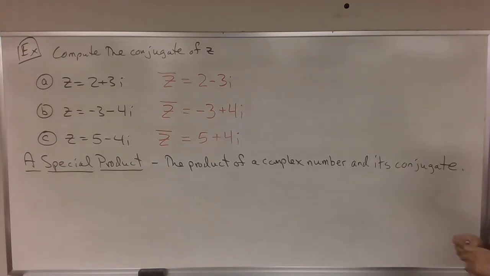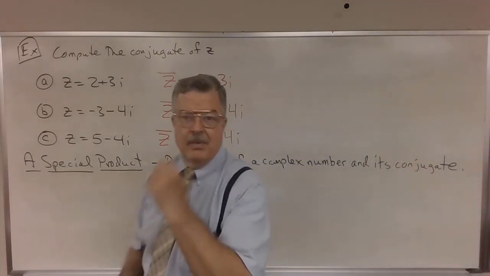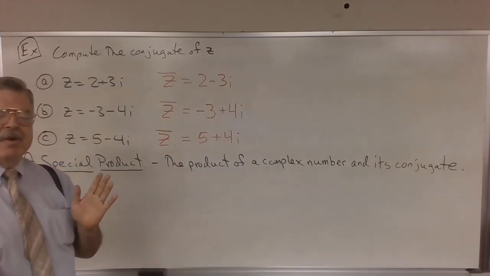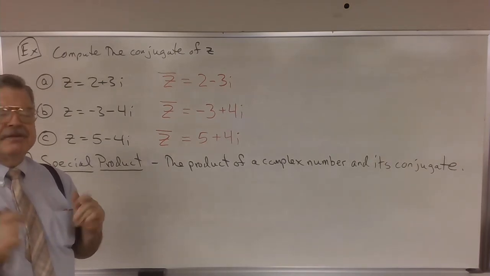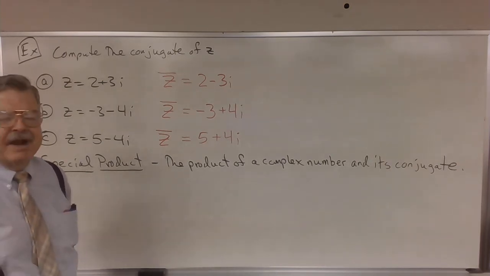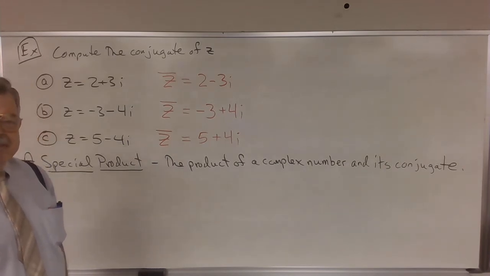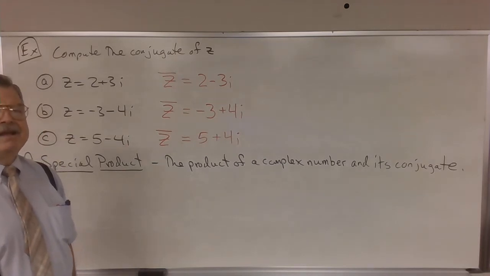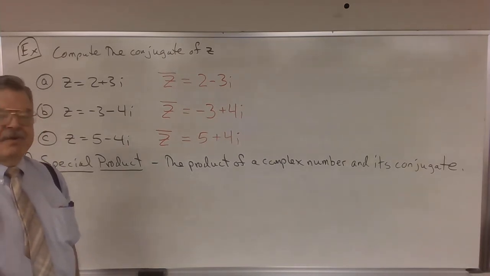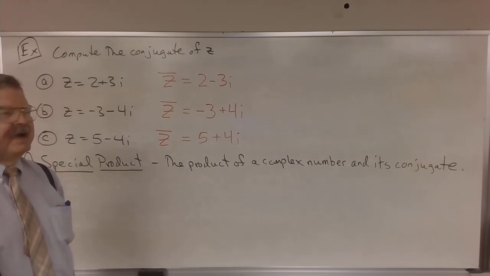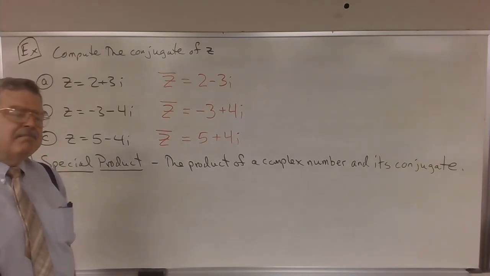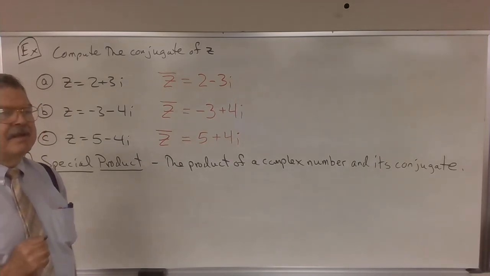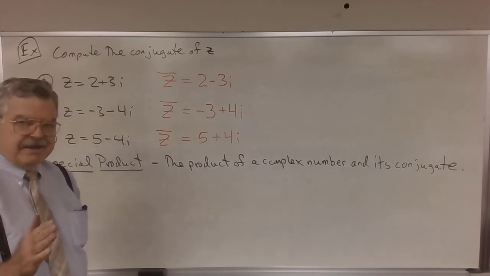For those of you that still have a recollection of Calculus 1, where we had a limit of the form 0 over 0 and we needed to cancel out a common factor in numerator and denominator, we may remember that the trick was to take the numerator, which was square root of something minus something else, and we multiply that numerator and the denominator by what we called the radical conjugate.